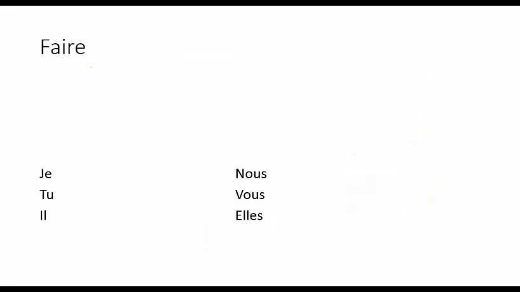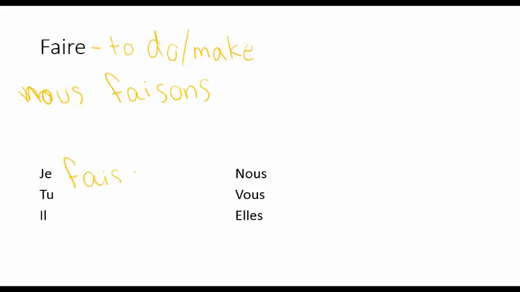Okay, faire. Not exactly super duper irregular, not as bad as commencer, but it's normally irregular, so we'll just keep it in the irregular area. So nous faisons, je faisais. So again, we're taking off the ONS and we're adding the endings.